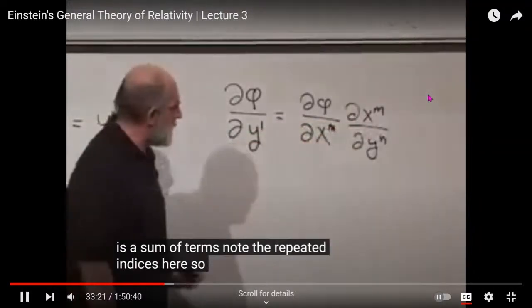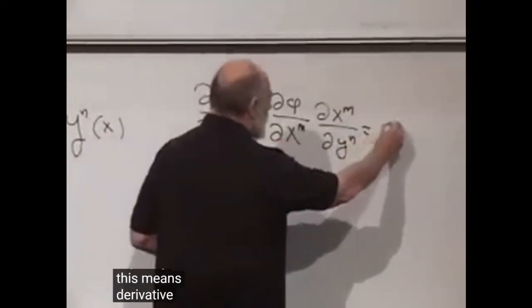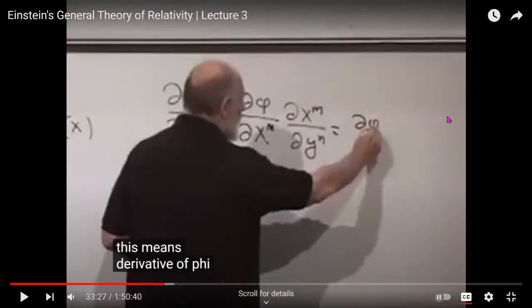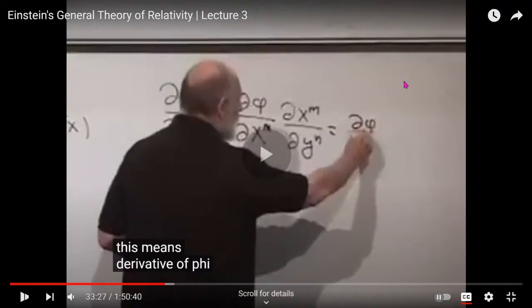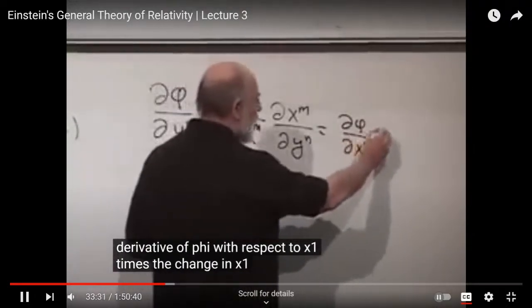Repeated indices here, so let's write it out explicitly. This means plus the derivative of phi with respect to all the x's. So he needs a sigma. He's going to do the actual plus? With respect to x1, the change in x1.